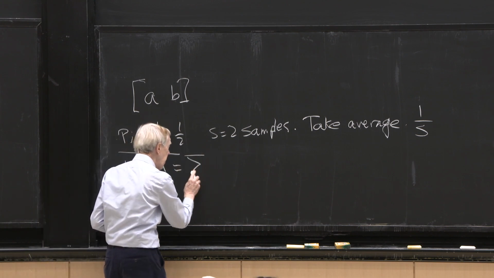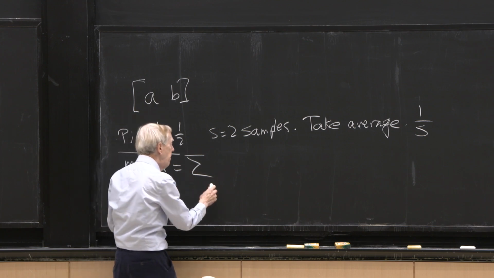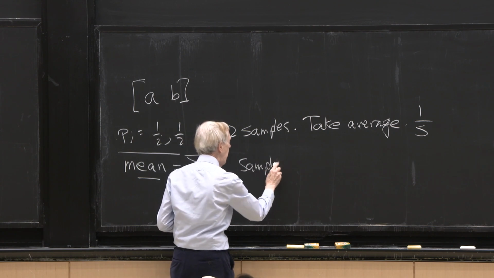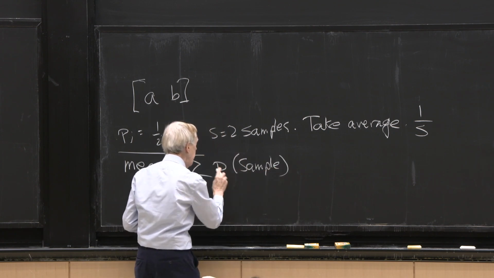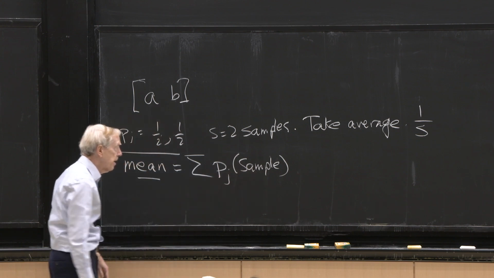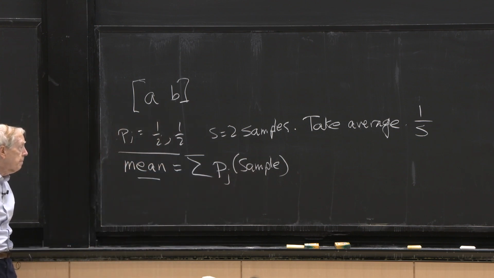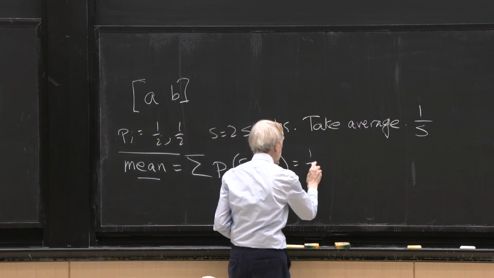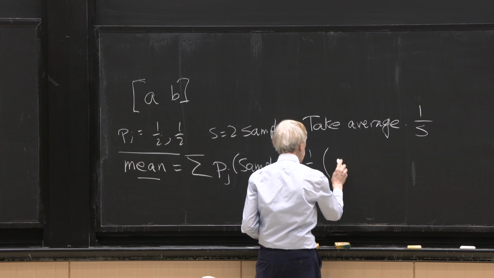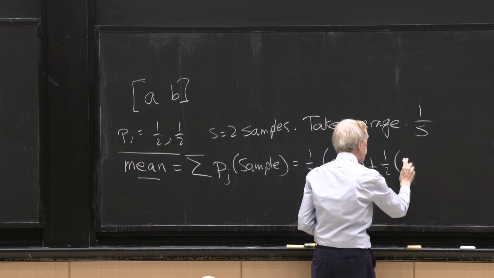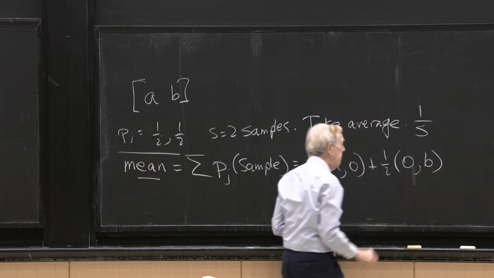The general formula is you add up all the possible samples times their probabilities. And in this case, the probabilities are 1/2 that the sample is A0 and 1/2 that the sample is 0B.